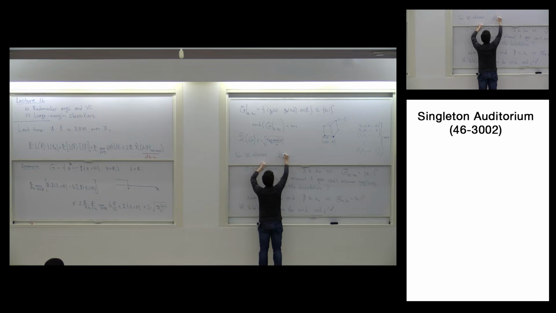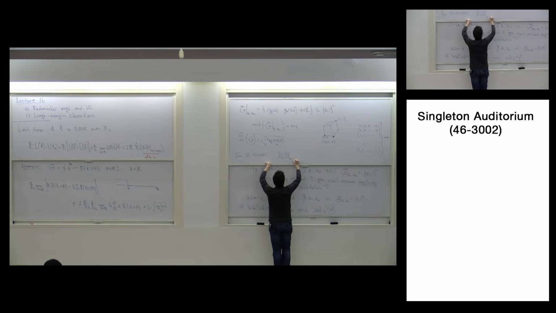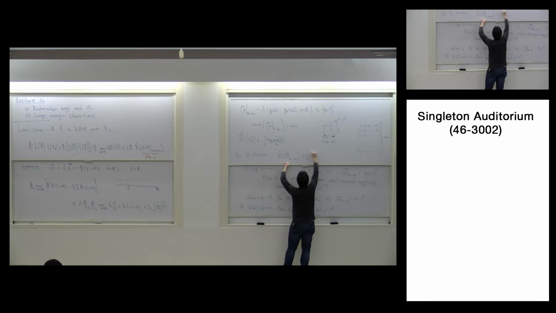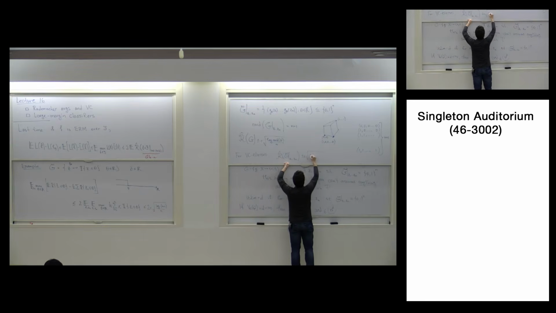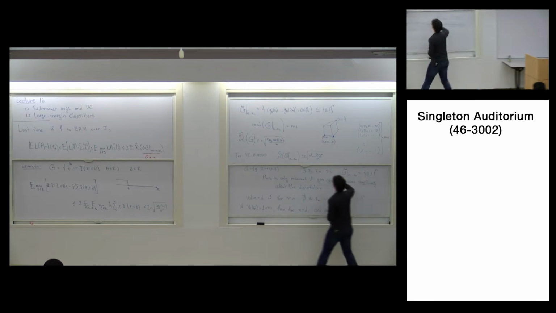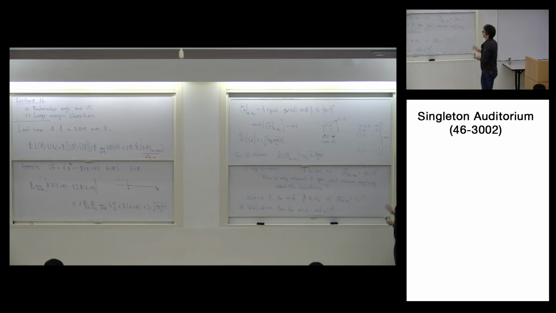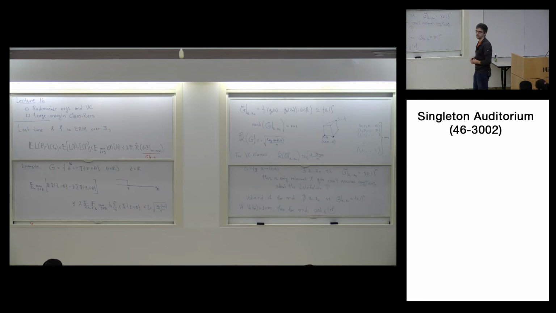Rademacher averages of the class G restricted to Zn are bounded by the square root of some constant d log n over n, and with a bit more work you can actually remove this log, so it doesn't have to be there. That's the result. This is only for binary classes.